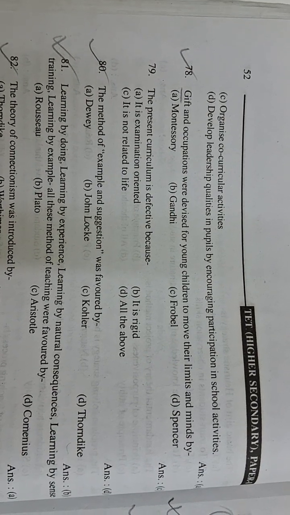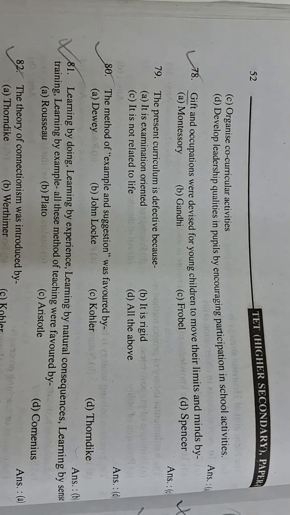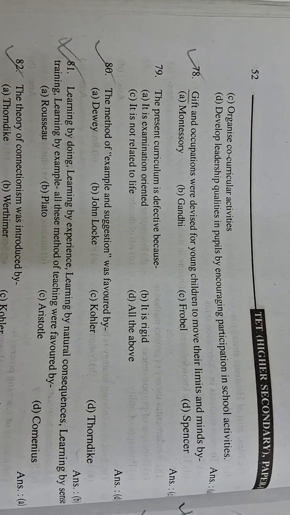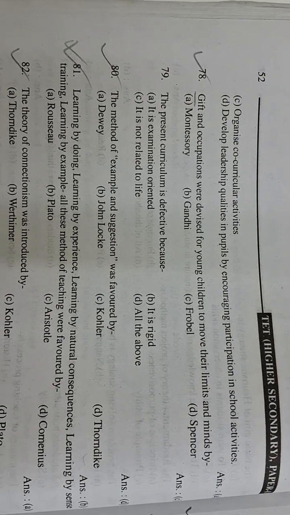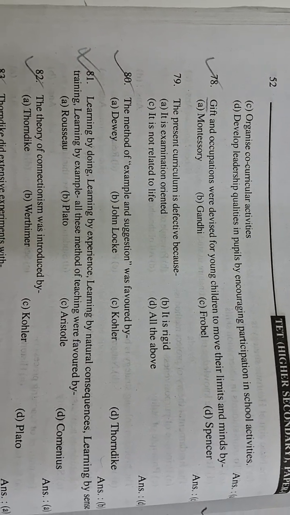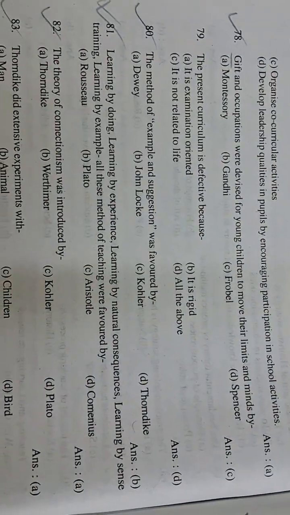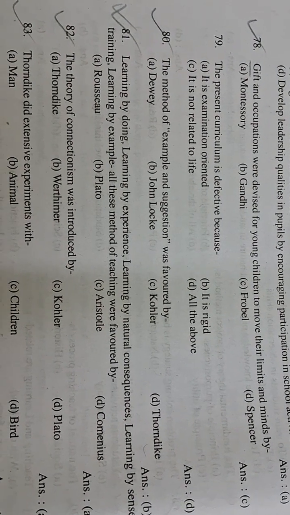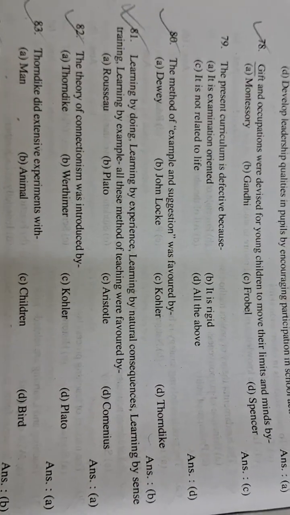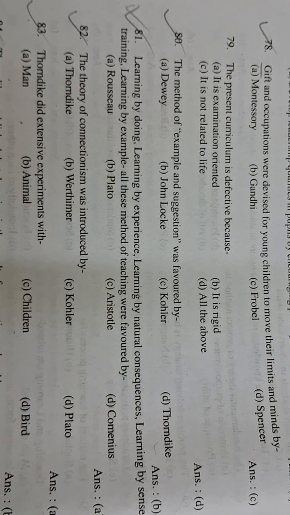Gift and occupation were devised for young children to move their limbs and minds by Froebel. This was said by Froebel. The present curriculum is defective because of all of the above.